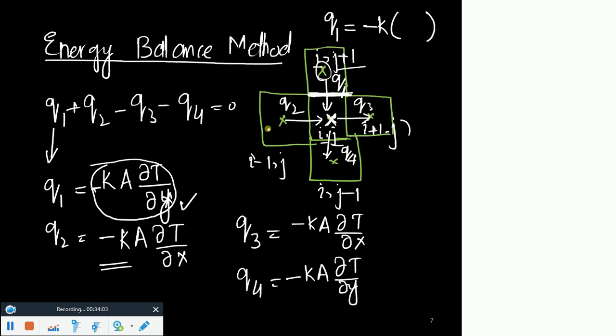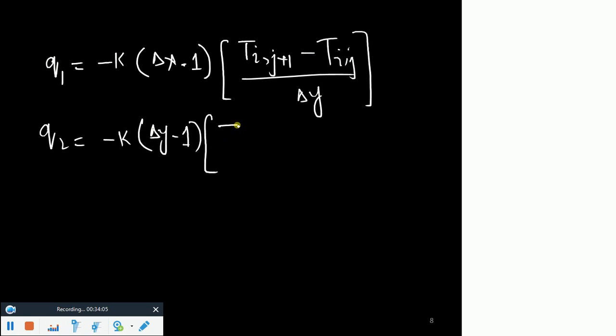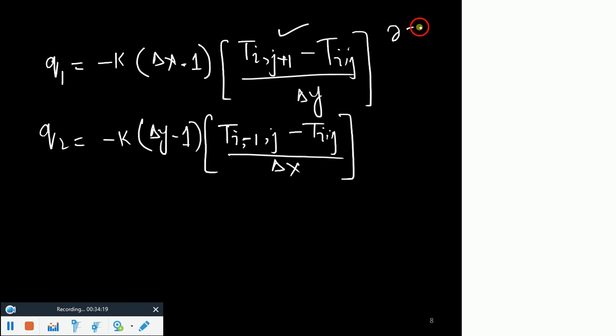Here to here. So I can write this as Ti minus 1 j minus Tij over delta x. You remember I wrote those relations for delta T by delta x and delta T by delta y from which expression? That Taylor series.